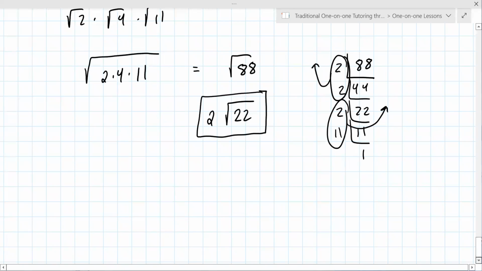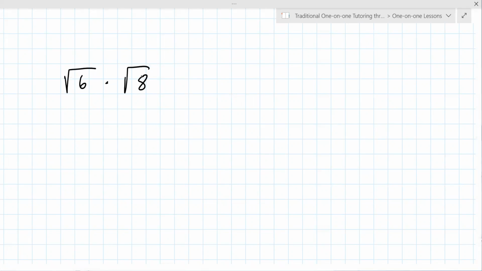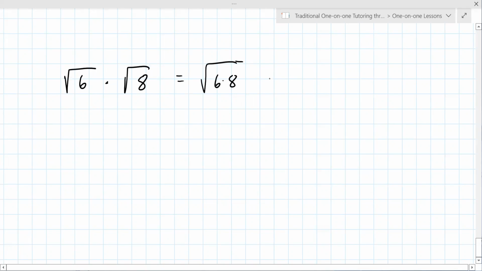Okay, let's try one more. Let's do the square root of 6 times the square root of 8. I'd like you to work that out for me, please. You just do 6 times 8, right? Yep, square root of 6 times 8, which is the square root of 48, and then you just build your factor ladder out of that.